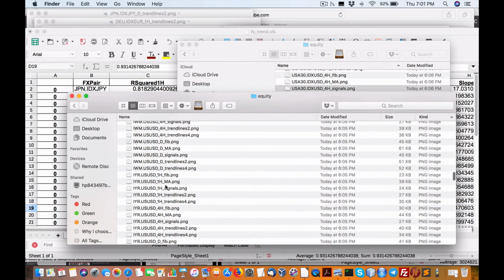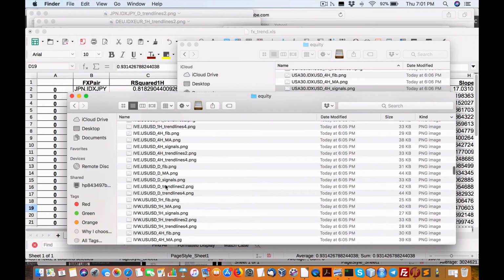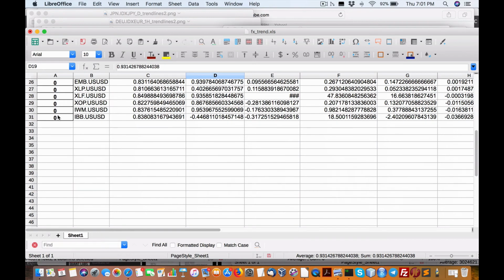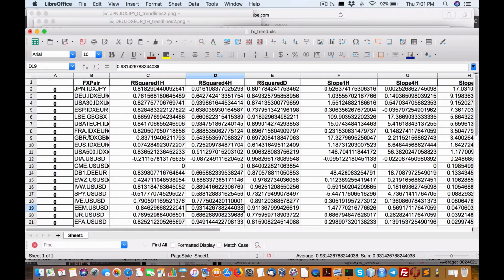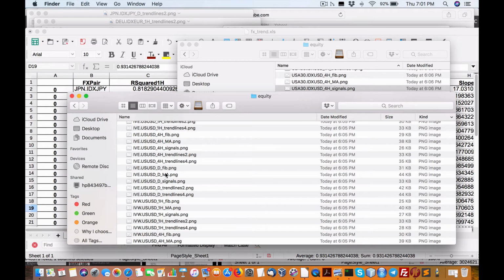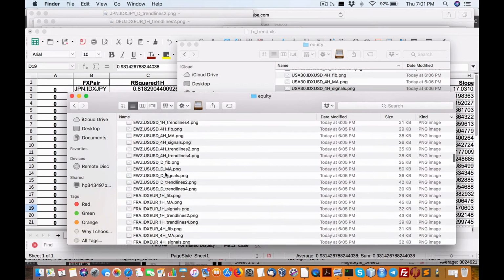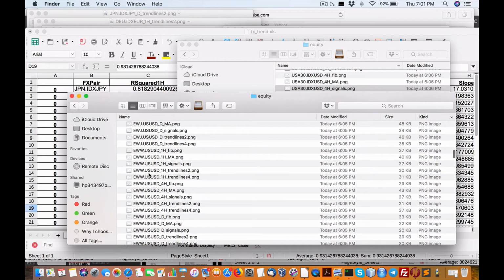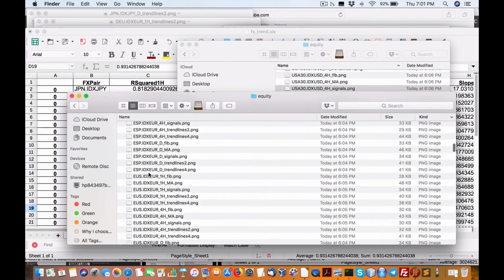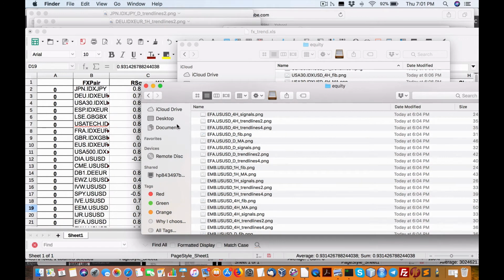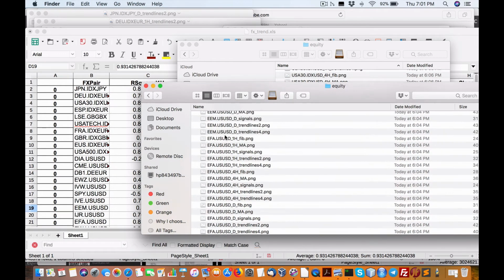Just so you know, for the equity, we have over 31 to choose from, just as much as the FX. Again, we're looking for EEM, which I believe is an index for emerging markets. EEM, where are we? This one.